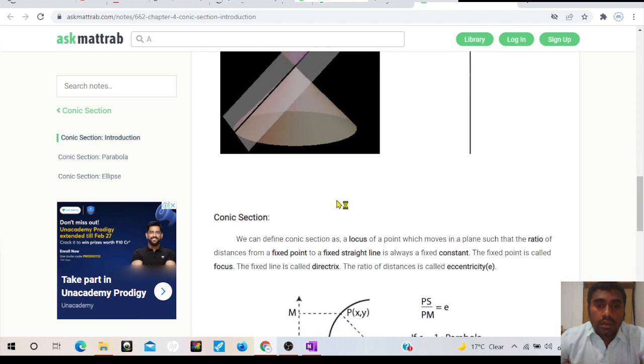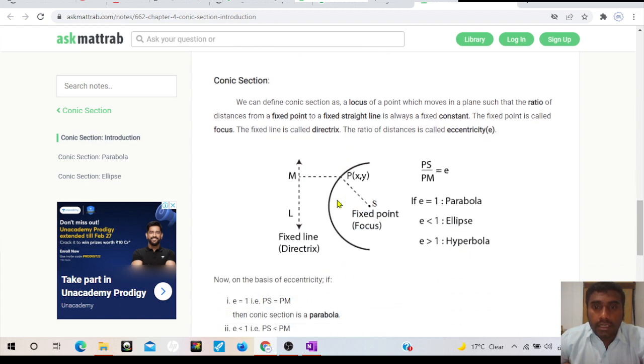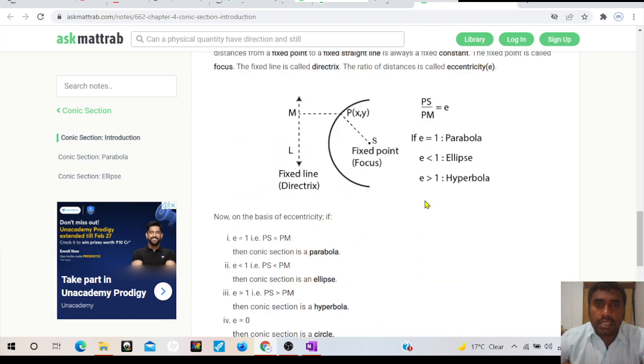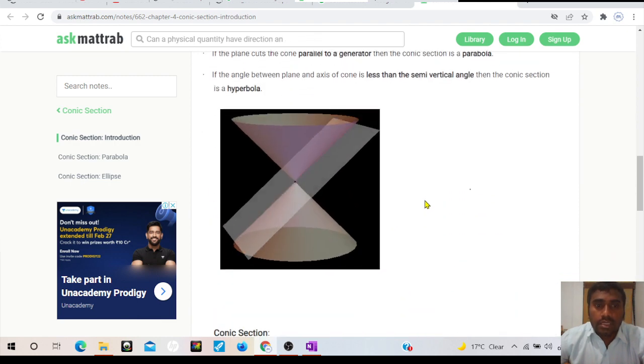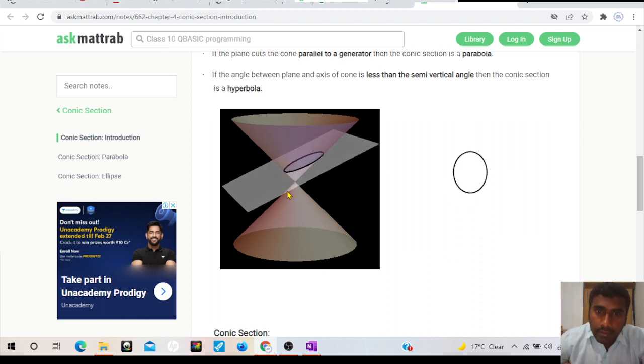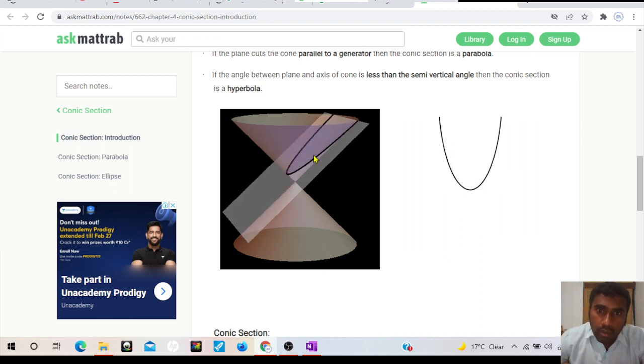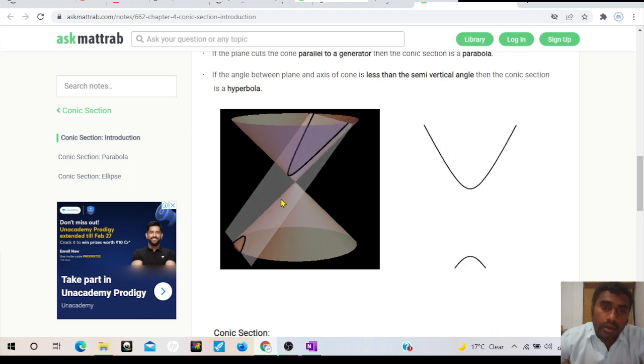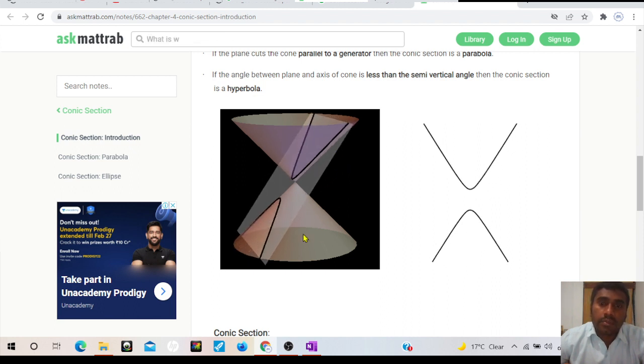Hopefully you get the concept. Then we'll discuss all the calculations: what is the eccentricity for ellipse, for hyperbola, for parabola. This we'll discuss in detail. This is the main thing that I want to show you, how the circle, ellipse, parabola, and hyperbola are formed.